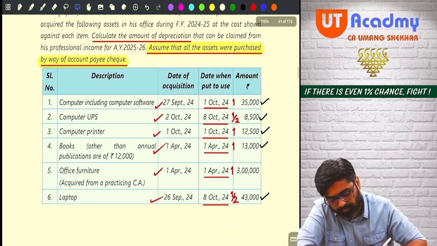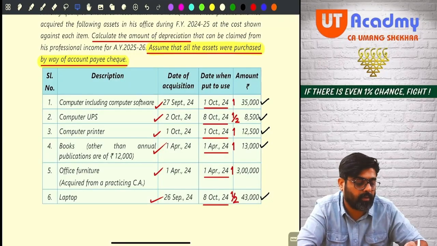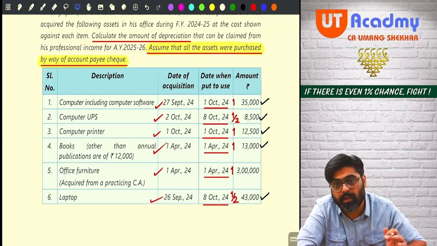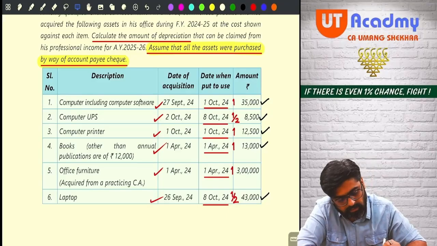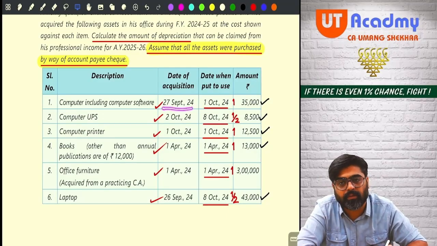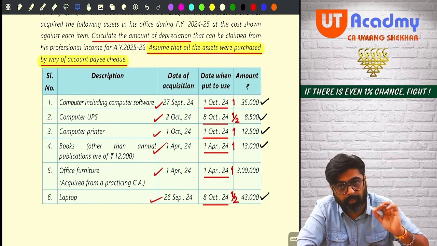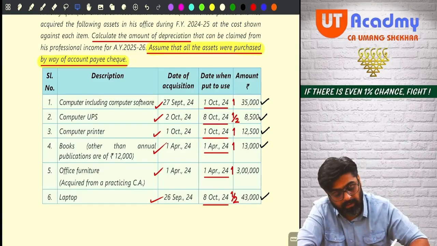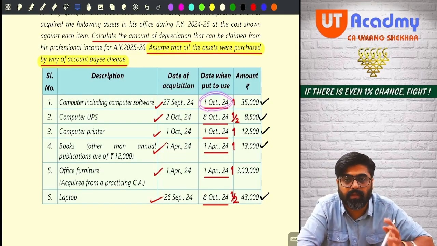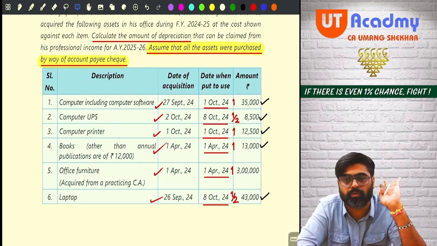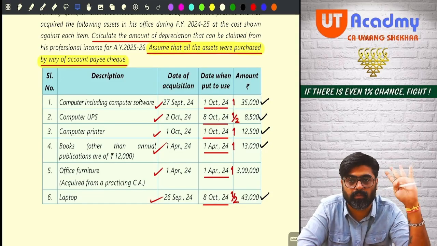Okay. Next one, computer. There will be a block of computers which will be made now, including computer software. Cost is 35,000. Date of acquisition 27 September, meaning it is acquired in my previous year. And it is put to use in my previous year only, on 1st October, put to use for 180 days or more.